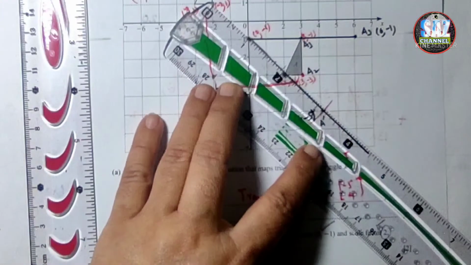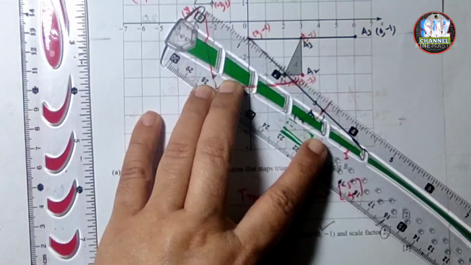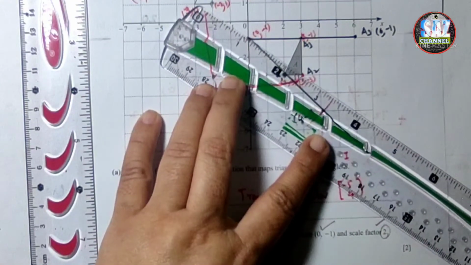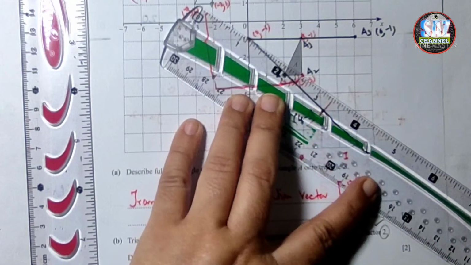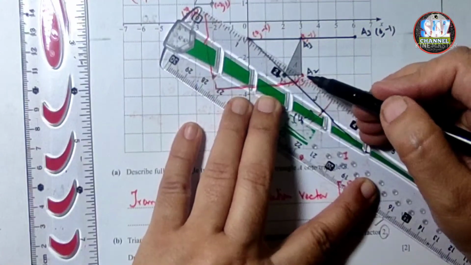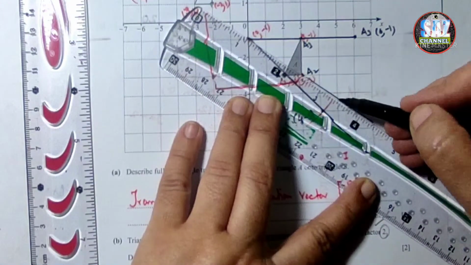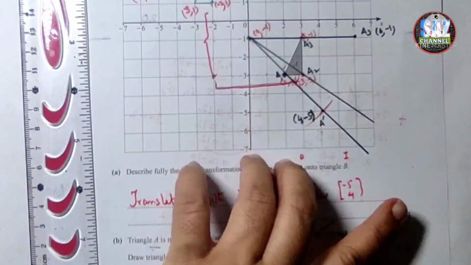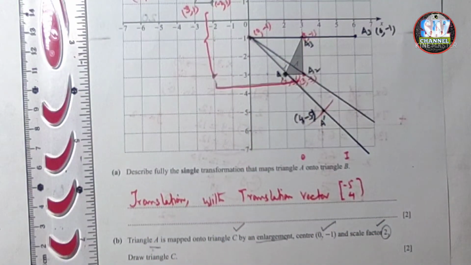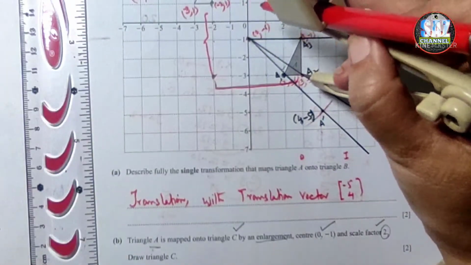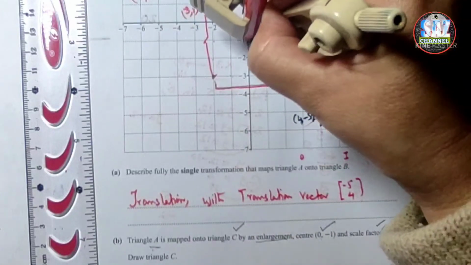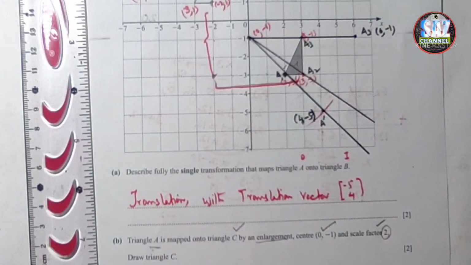Let me join A2 as well carefully. And now first we have to open the arm of the compass to the radius of this length, from A2 to the center of enlargement.